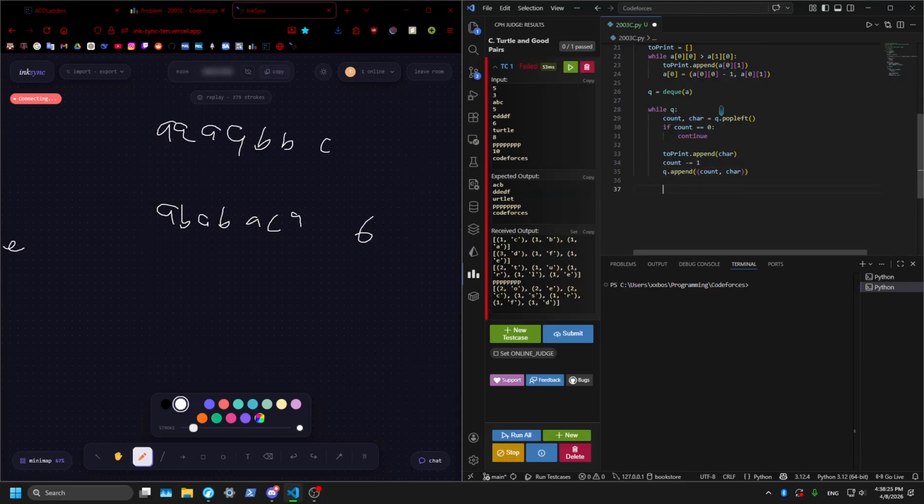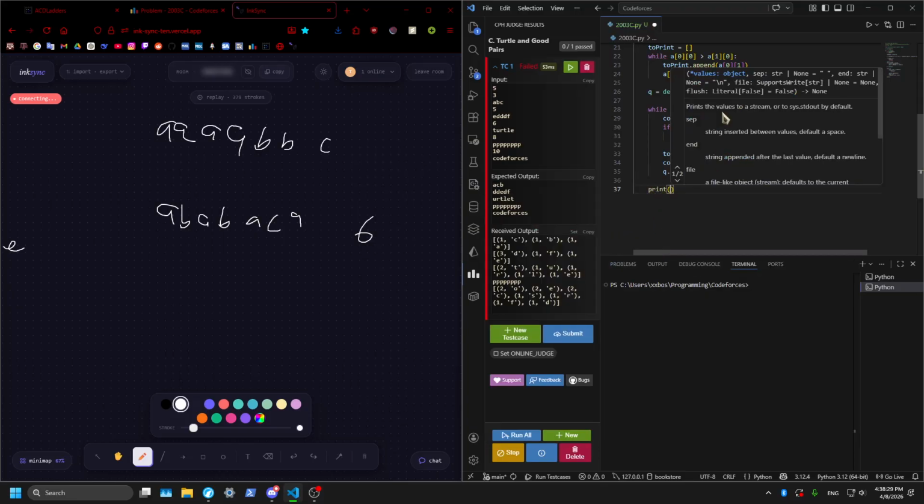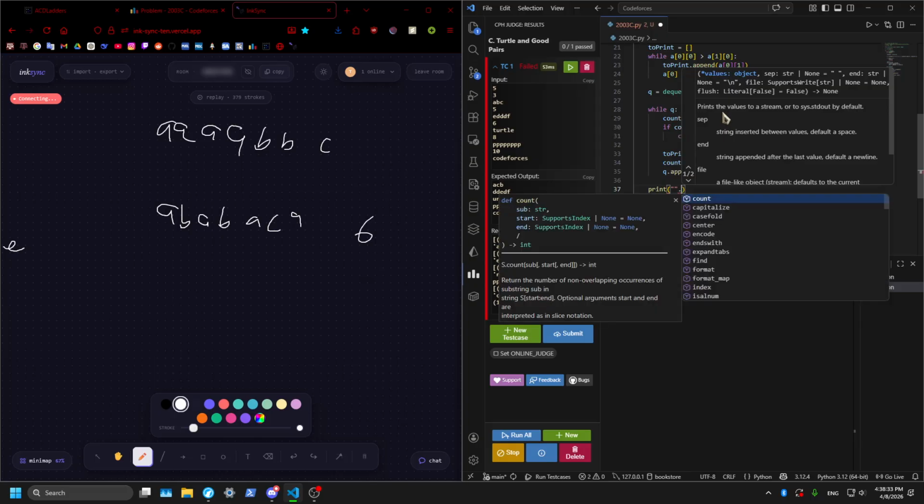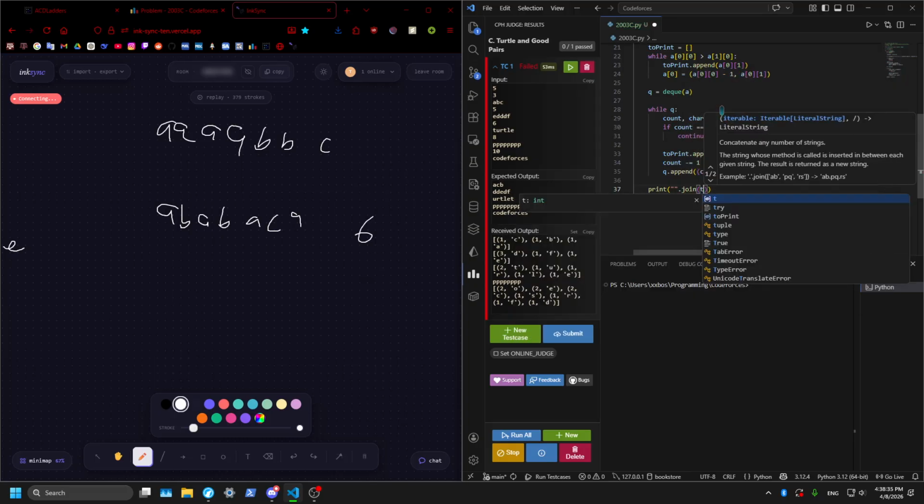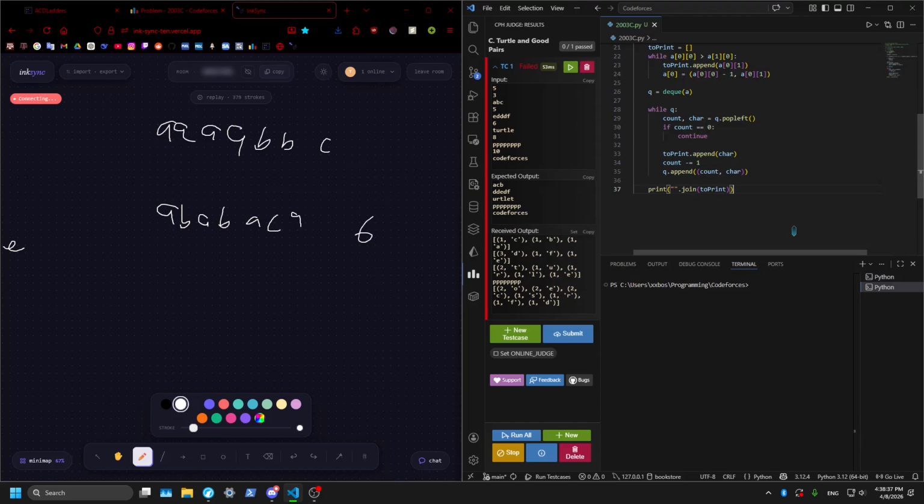I feel like I'm going in like 3 loops. We should just be able to print join to print. Right, wait, actually, what is to print here?